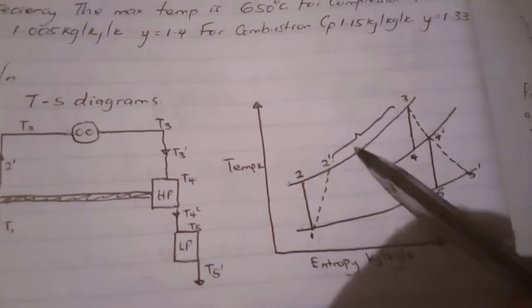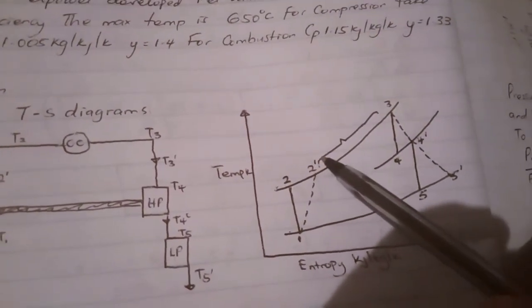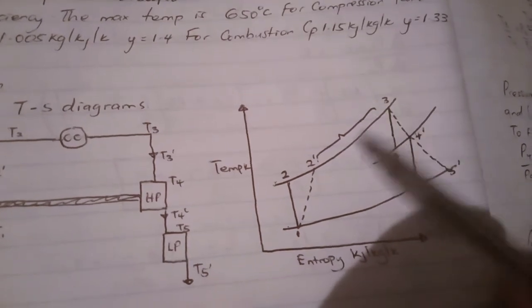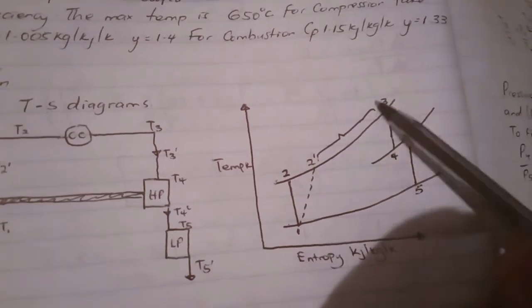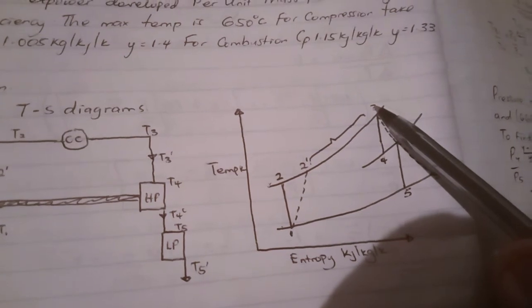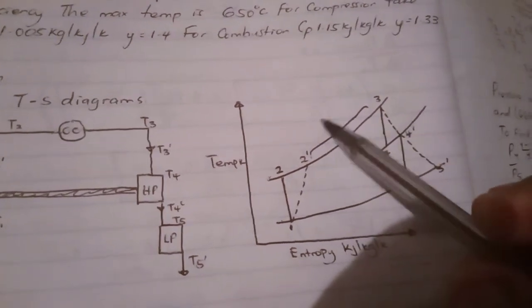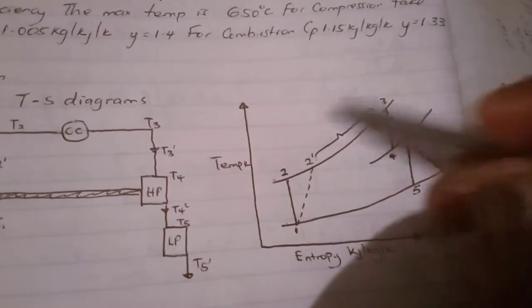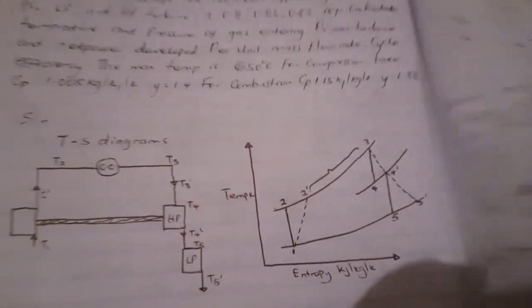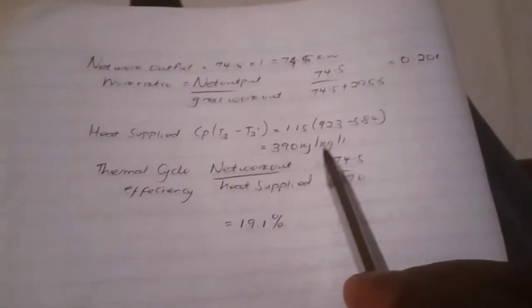Looking at the TS diagram, this is the heat supplied. Heat supplied is from T2 prime to T3. Note that that's how we get the heat supplied. After evaluating, you get 390 kilojoules per kg.